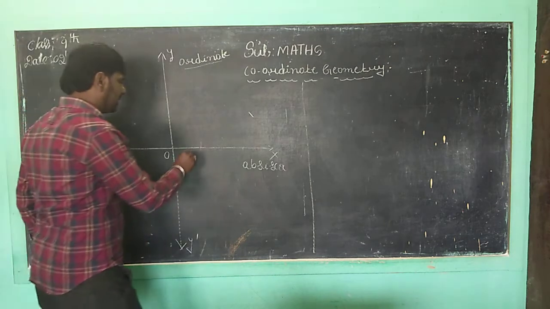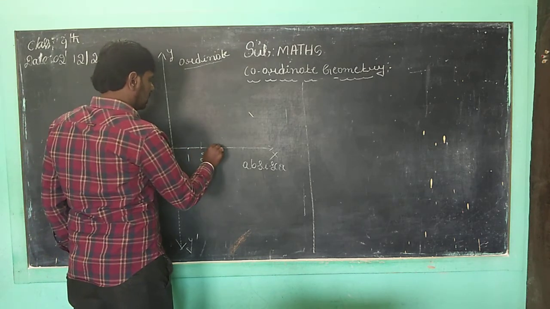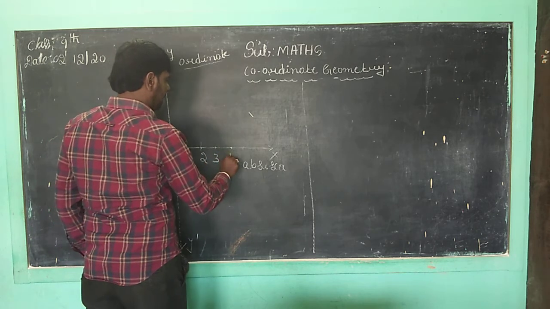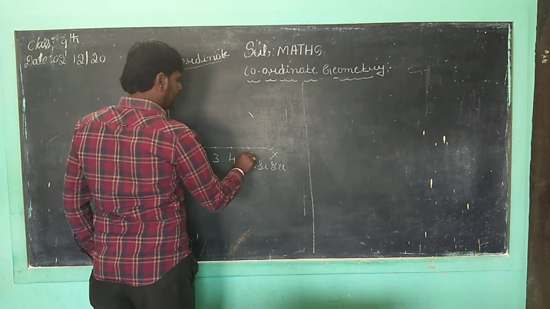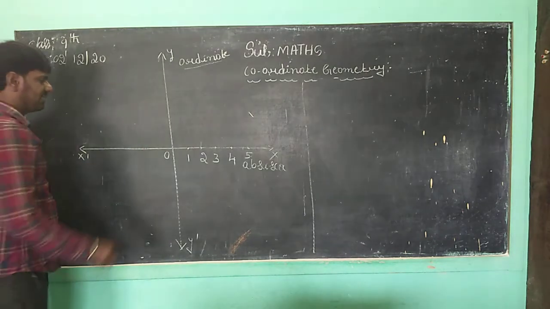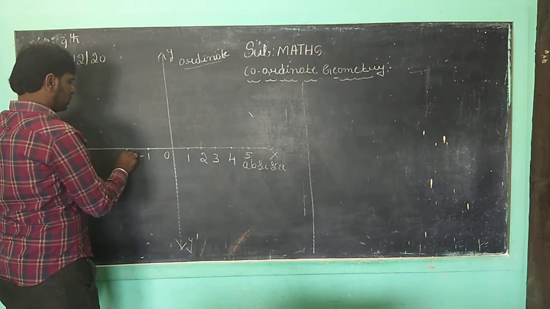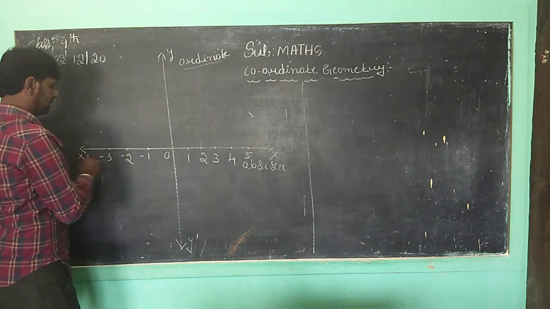That is, we take 1, 2, 3, 4, and 5. From 0 to the left side, we represent negative numbers: -1, -2, and -3.